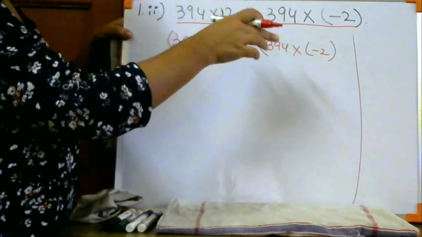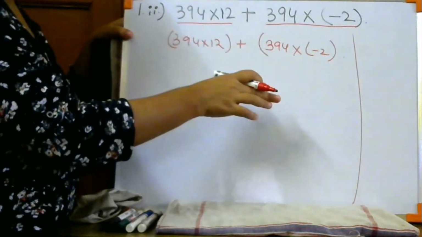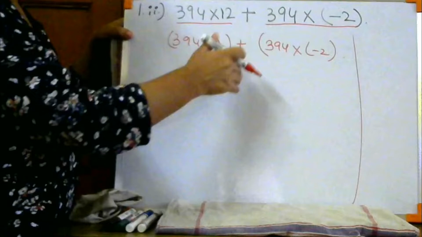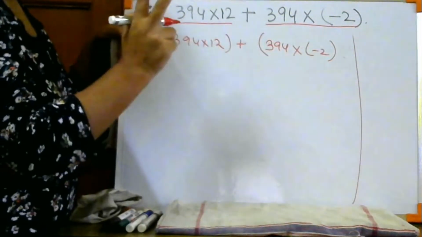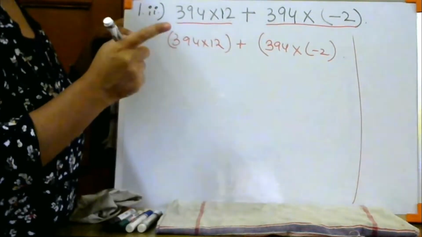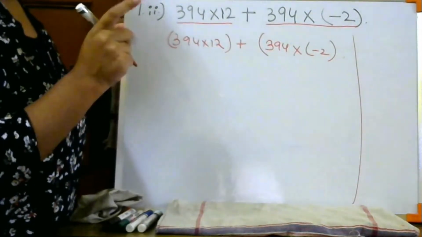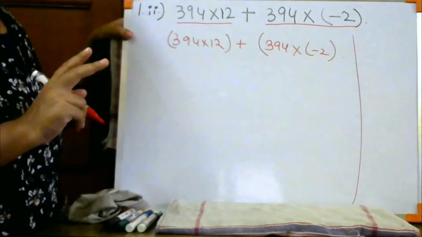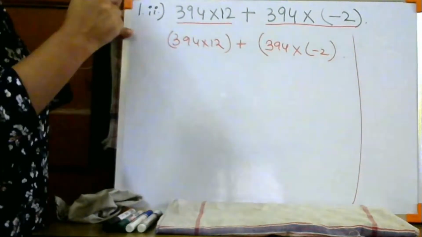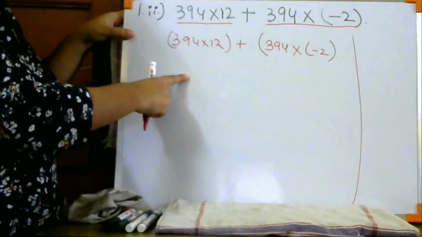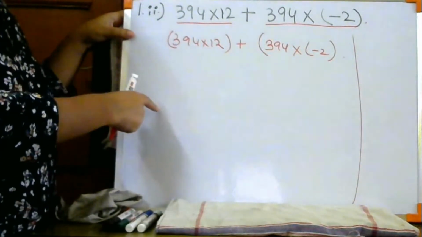If this rough column is not there in the examination, and if you solve the big calculations just like that without showing me rough work, 2 marks will be cut from your paper. That time, do not ask me, ma'am, from where did you cut the marks? Keep these points in mind. I'm telling again and again. If there is no rough work, 2 marks will be cut. Because 394 into 12, no one can tell me verbally. It's not possible. Even I cannot say what is 394 into 12.